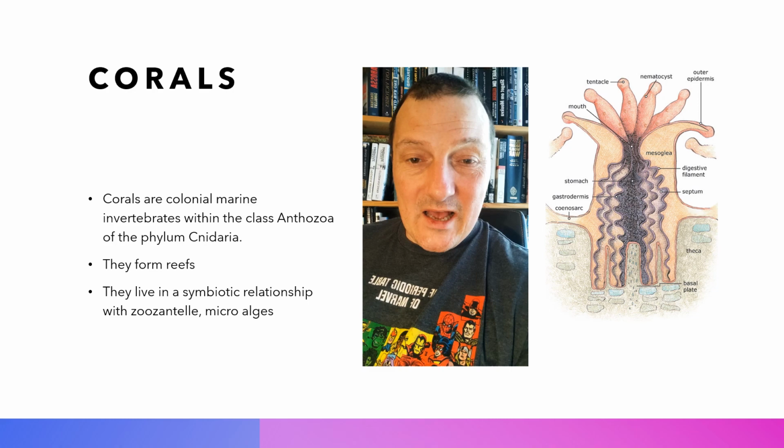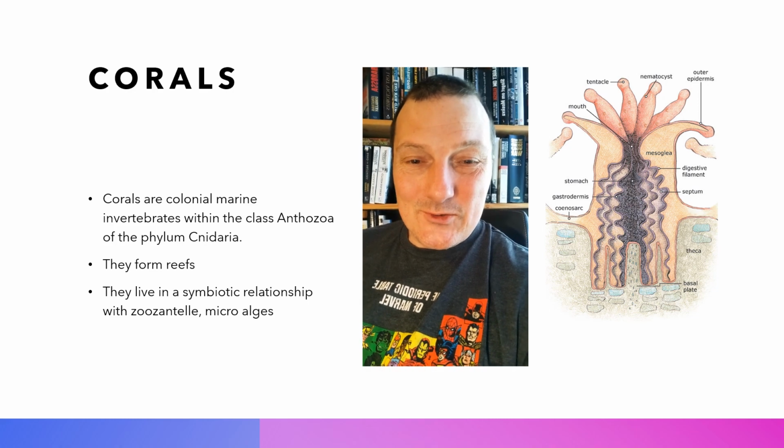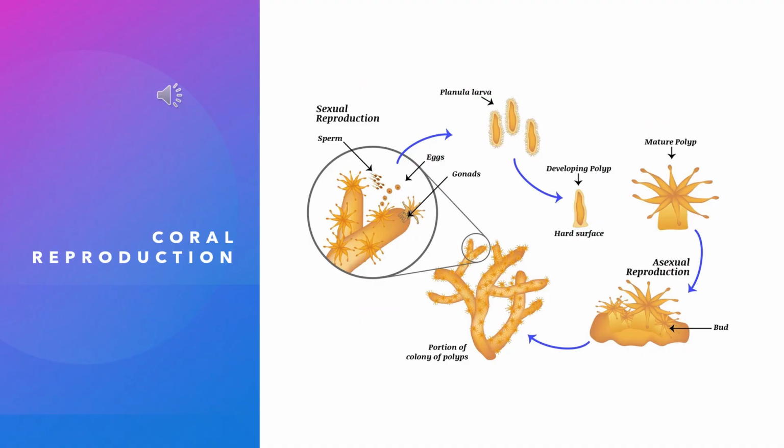But the corals have a very interesting way to do reproduction. So the life cycle of the corals starts when the mature polyps release a massive number of sperm and eggs into the water. The sperm and eggs fuse together in the water, and then we have a fertilized egg which floats towards the surface of the water.